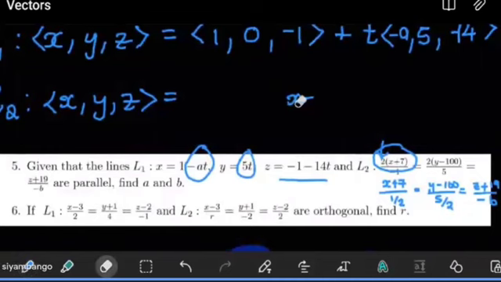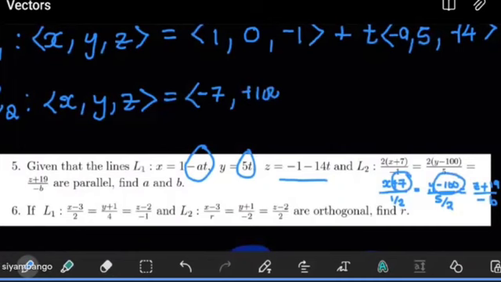Once we have that in check, we can now easily get the vector equation. Remember how we get the vector equations? The value here changes sign. That is plus 7, we get minus 7. This is minus 100, we get plus 100.